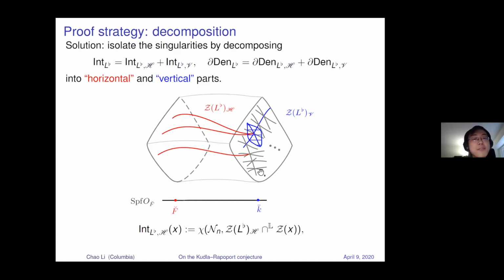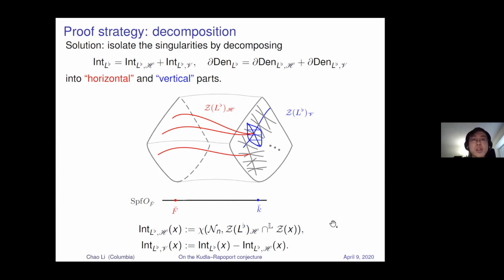Anyway, I can define the horizontal part of the intersection number by taking the horizontal component of this intersection, ZL flat, and doing a derived intersection with the last divisor. The vertical part will be the remaining piece of the intersection number, given by the total intersection number subtracted by the horizontal contribution.